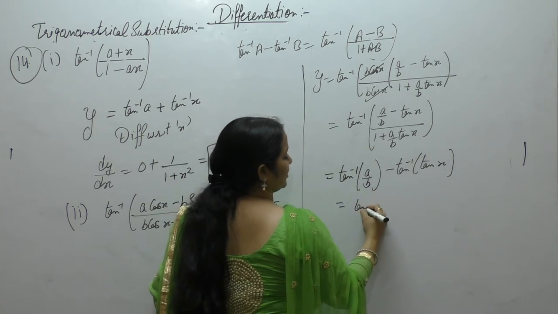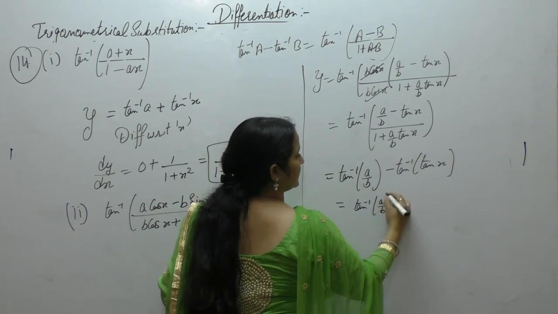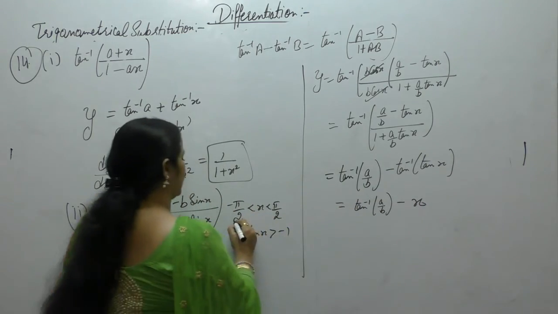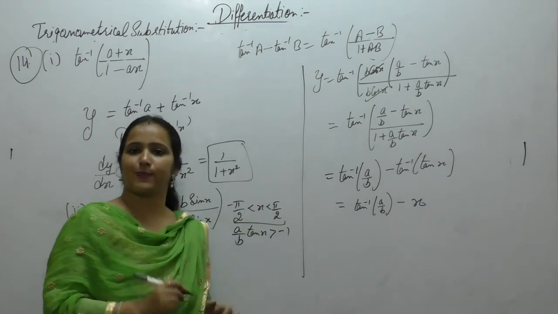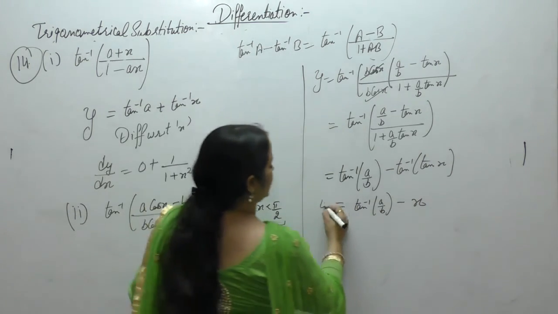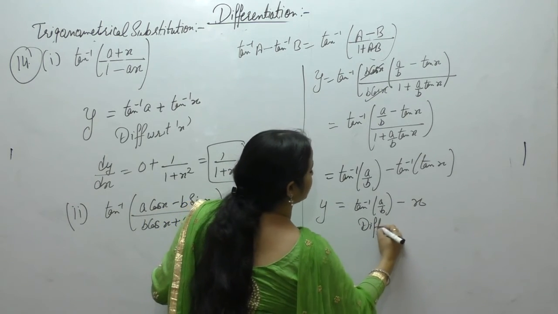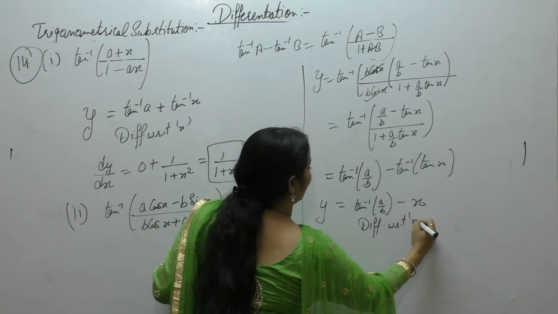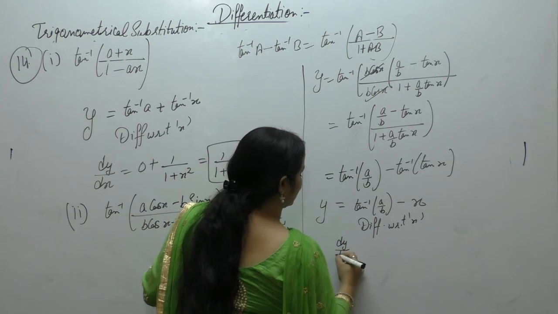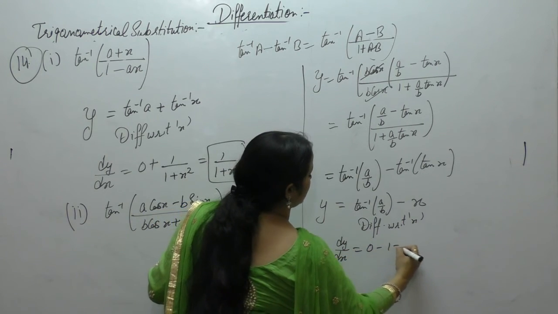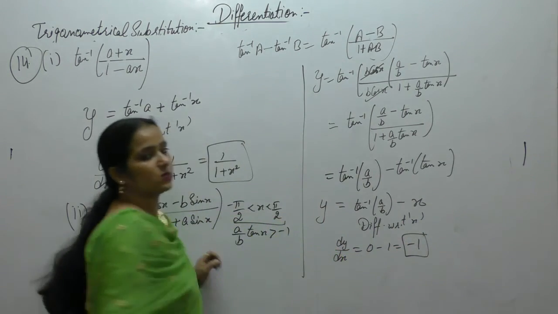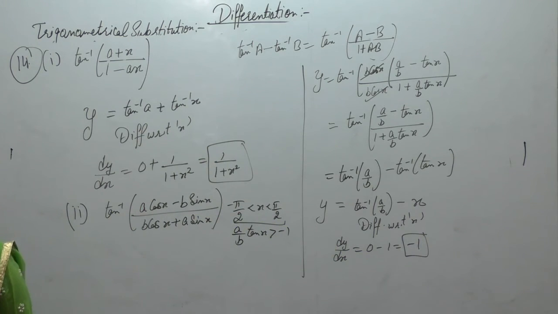Tan inverse tan of x is equal to x, because x lies between minus pi by 2 to pi by 2. Now differentiate with respect to x. Tan inverse a upon b is constant, so its derivative is 0 and derivative of x is 1. So we get minus 1.